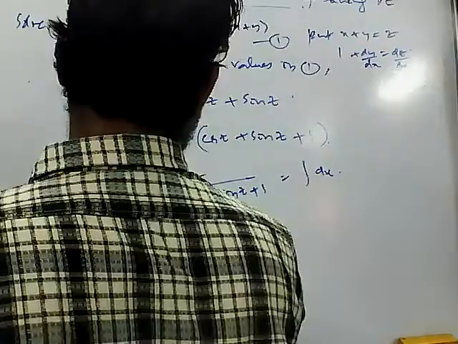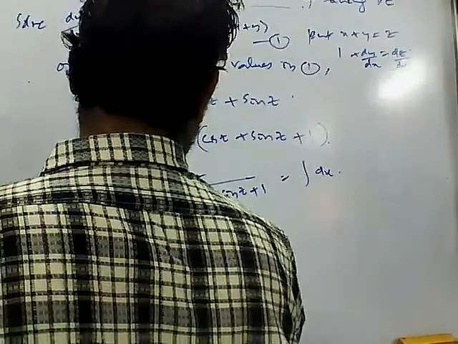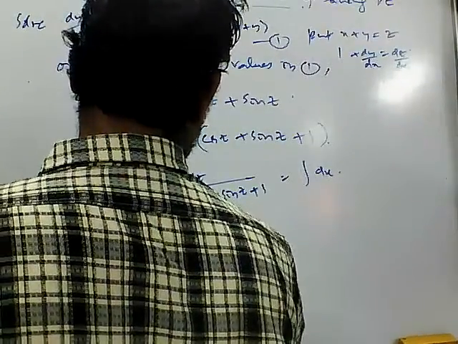This implies integral dz by [(1 - tan²(z/2))/(1 + tan²(z/2)) + 2 tan(z/2)/(1 + tan²(z/2)) + 1] equals integral dx.